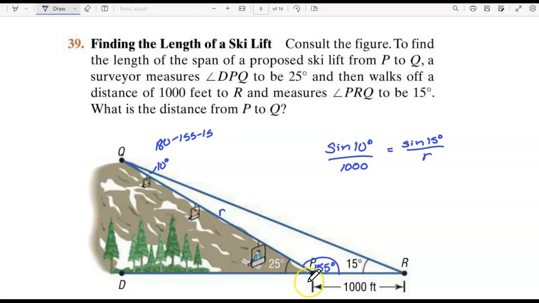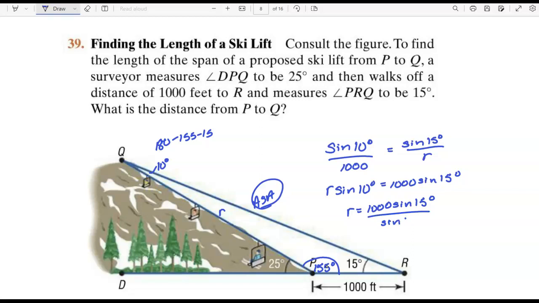This is an angle side angle problem. So let's cross multiply. So r is going to be equal to 1,000 sine of 15 divided by sine of 10. And I got the length to be 1490.48. So that's how long that ski lift would need to be to go from P to Q.